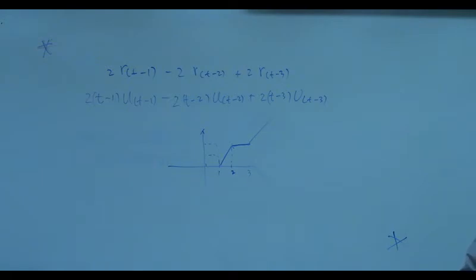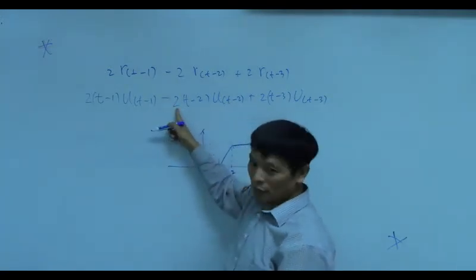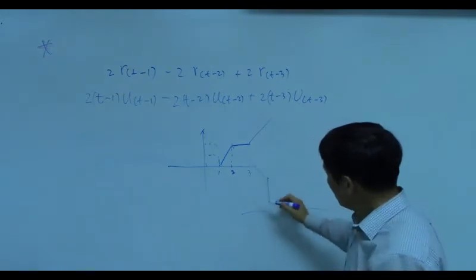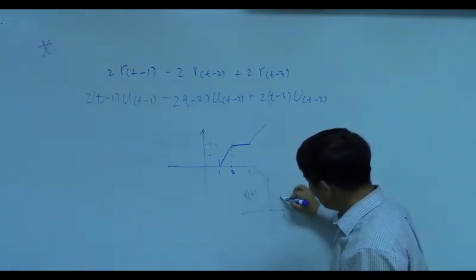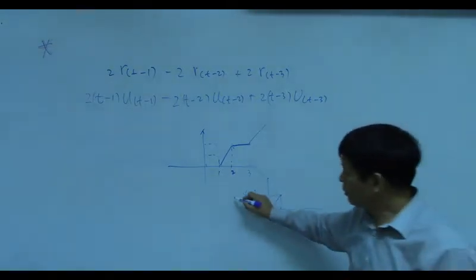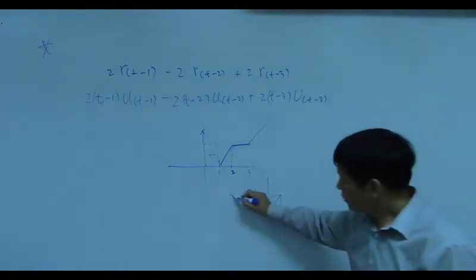What about the constants, this two? Look here. r(t) means when t is 1, this is 1. How about 2r(t)?